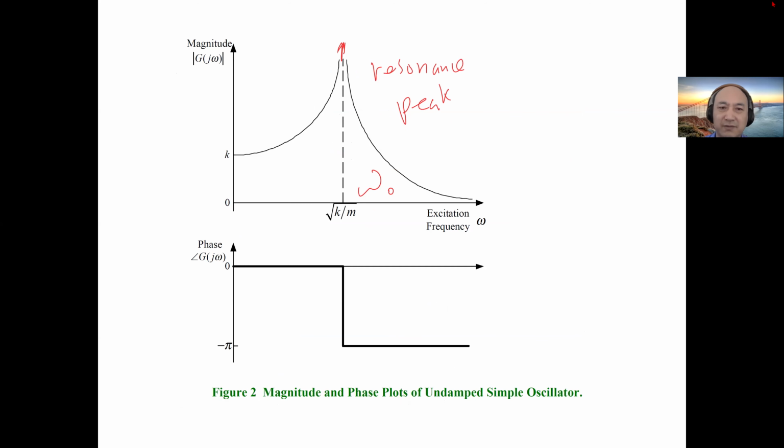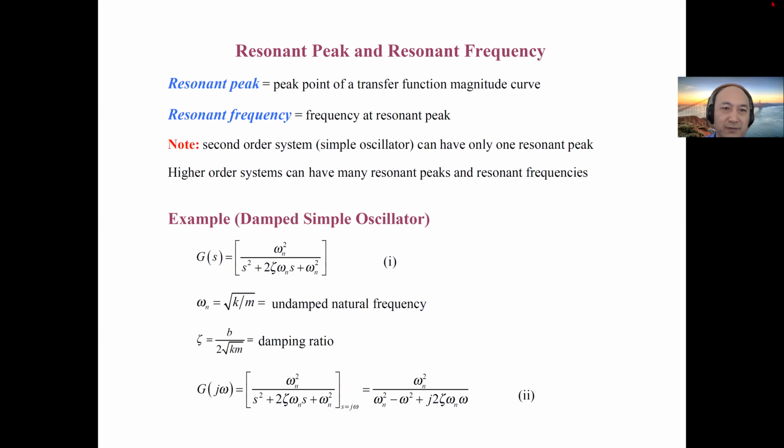So our resonance peak is here. And we use this one a lot. Let me remind you about the specifications, rise time, percentage overshoot. We use this one as what we call a second order model plant.